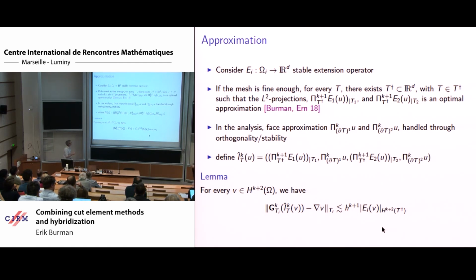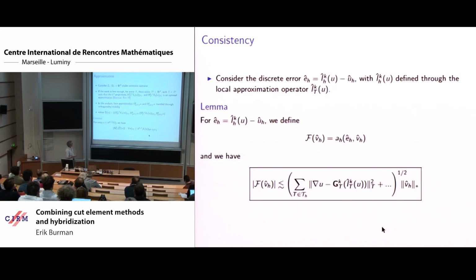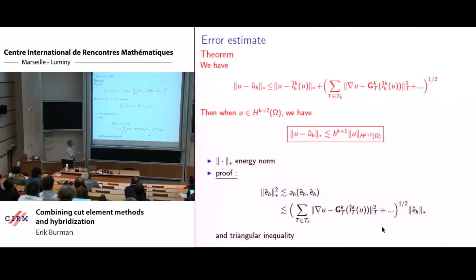I only use orthogonality or stability, and this is possible thanks to the projection operator in the Lehrenfeld-Schöberl stabilization. Then I get some approximation of this form for the reconstruction. I can prove some consistency, so that if you plug in the discrete error in A, you get this. And this leads to optimal error estimates. I will not say more than that.